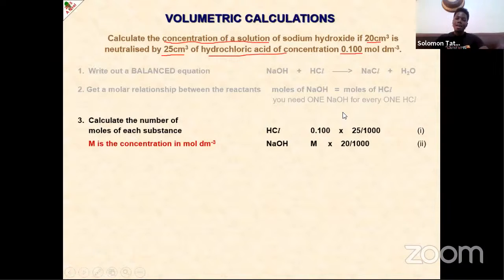In first principles, remember there is a triangle that says moles is equal to molarity times volume, okay? So this is what is here. The 1,000, we introduce it because we are changing from decimeters cubed to centimeters cubed, so we have to take care of that.